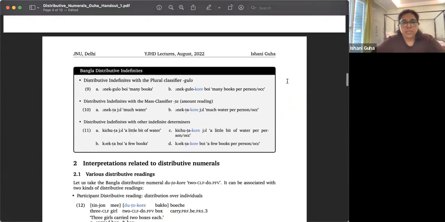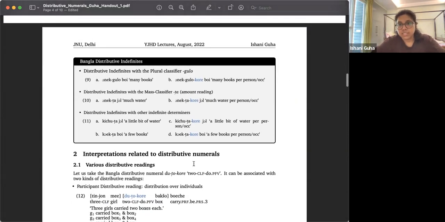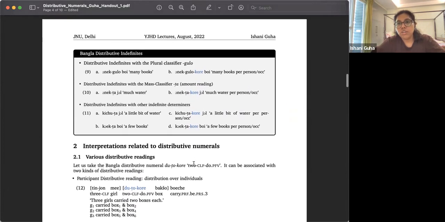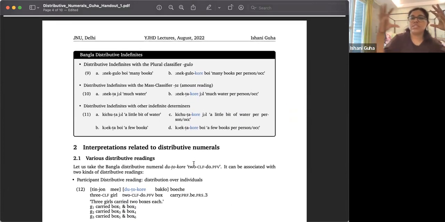Okay. Before going to the next section of my handout, which is about the interpretations, let me briefly give you a trivia, which is that all of this morphology is not restricted to numerals, right? It could extend to other cardinality phrases as well, right?